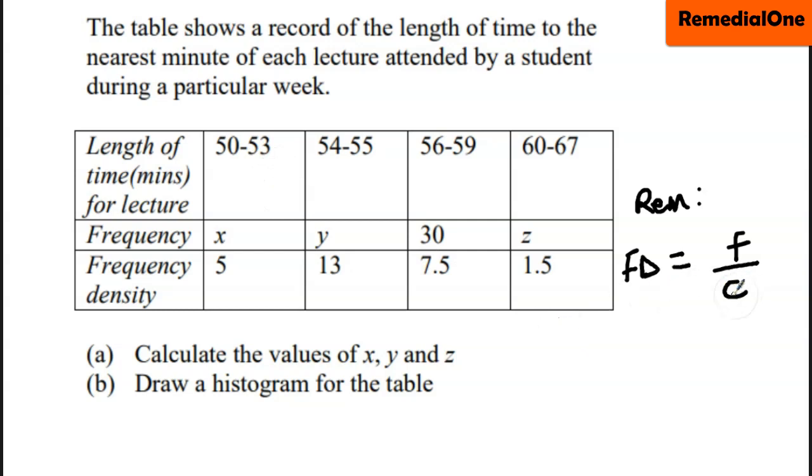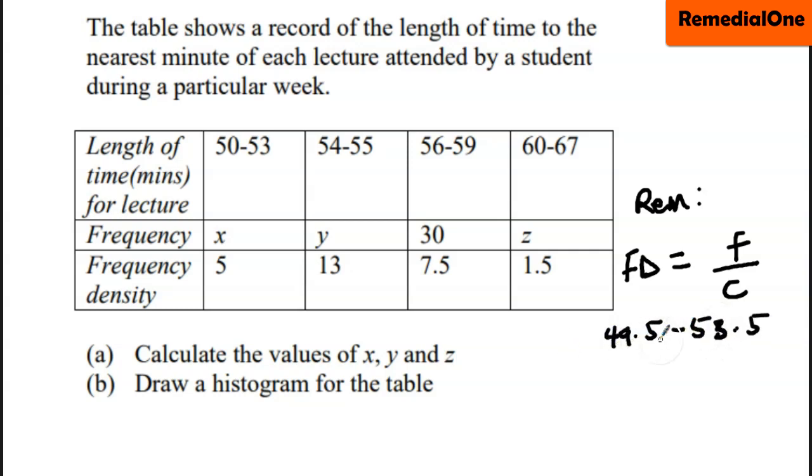Now we need the class size. How do you find the class size? You find the class boundary. The class boundary of 50 to 53 is: subtract 0.5 and then add 0.5. So this will be 49.5 to 53.5.